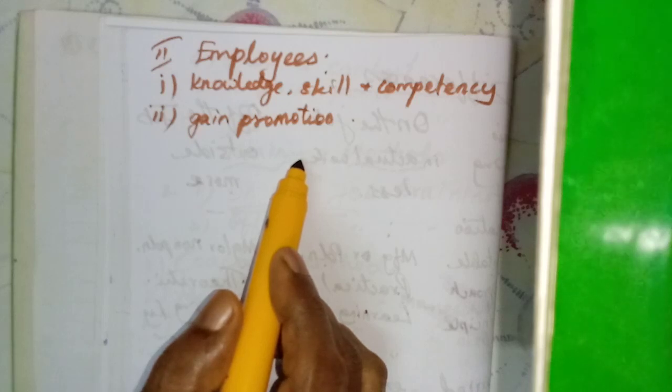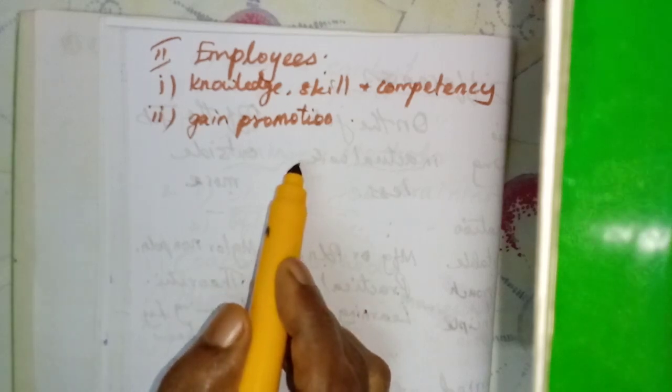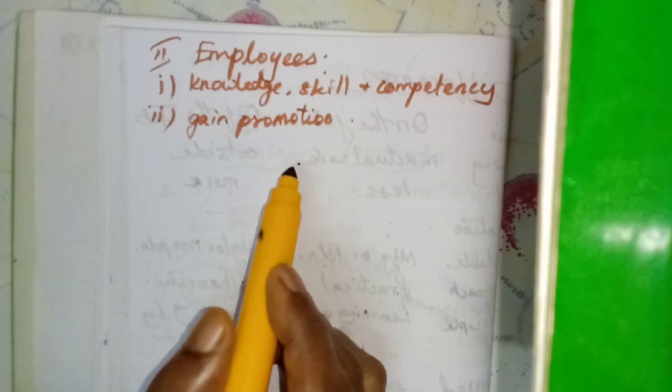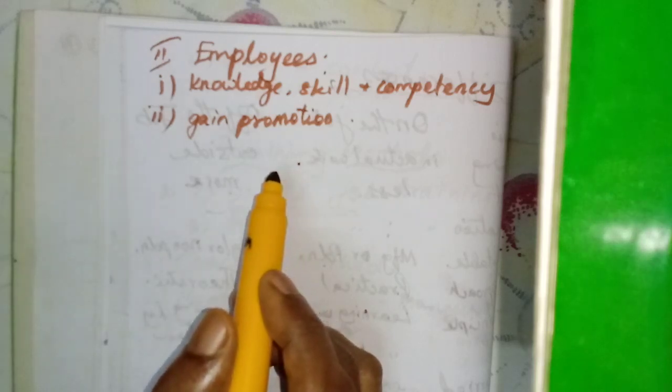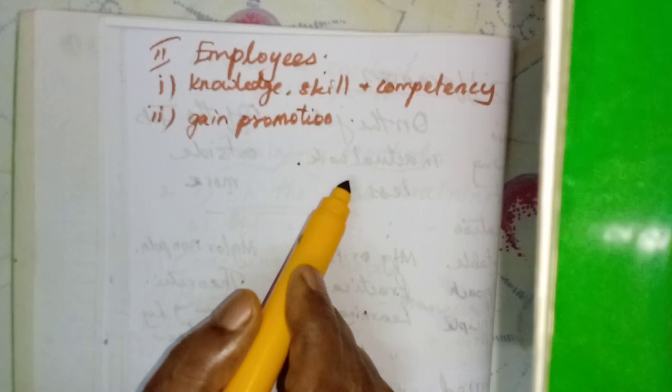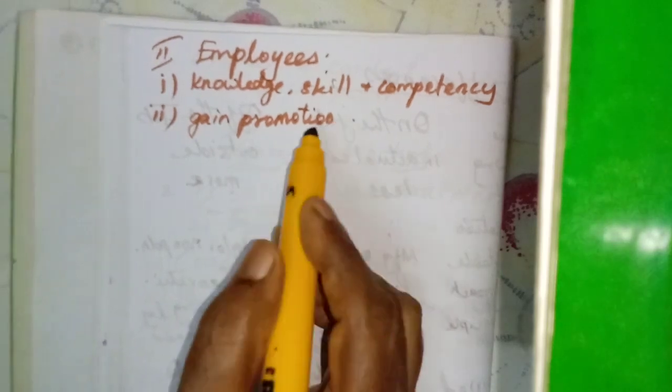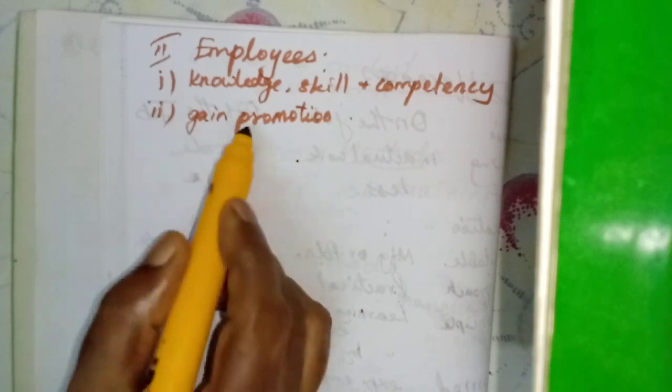They do the work very quickly, and their performance is very good. The management will be watching their performance, isn't it? They observe their performance. If their performance is very good, they can get promotion in the job.